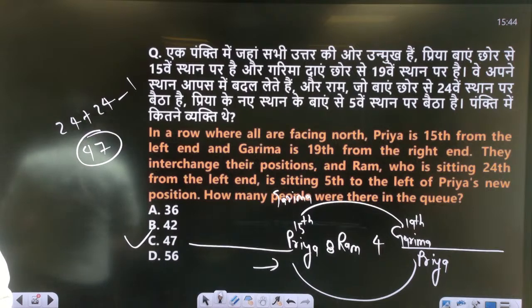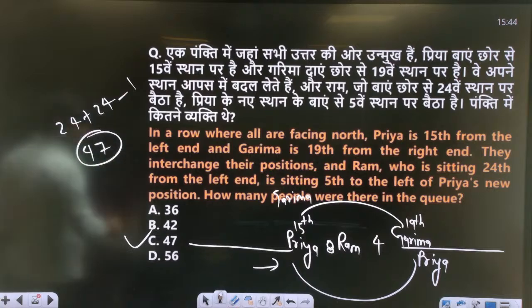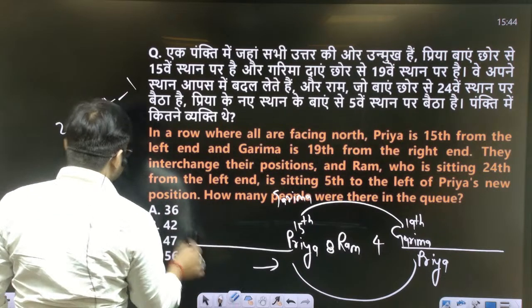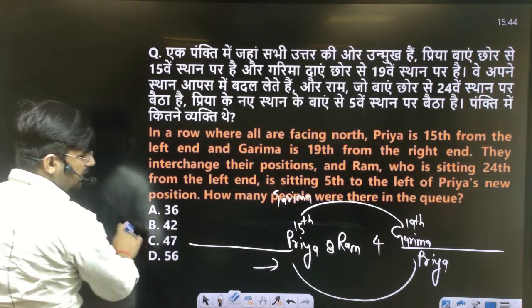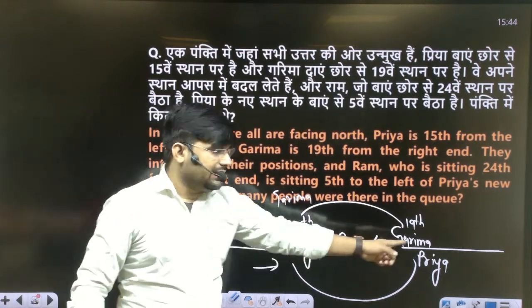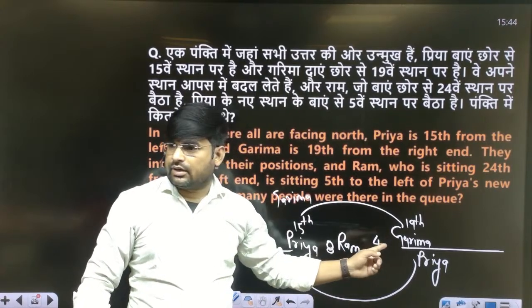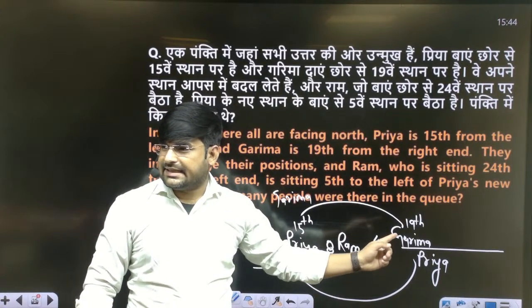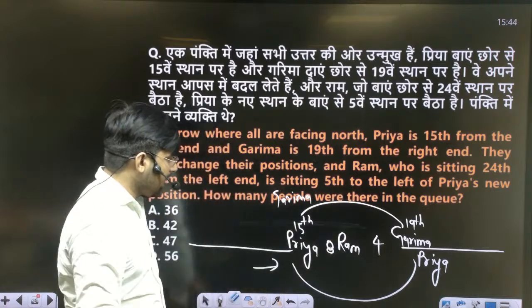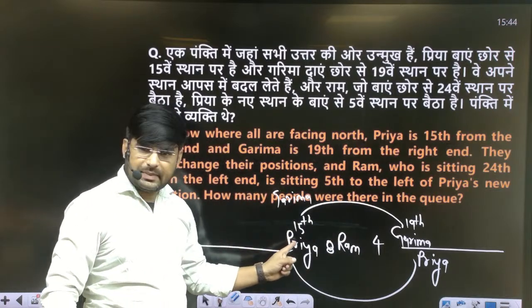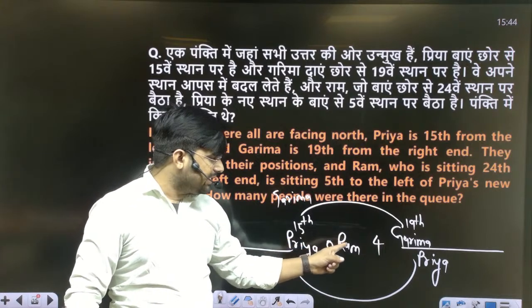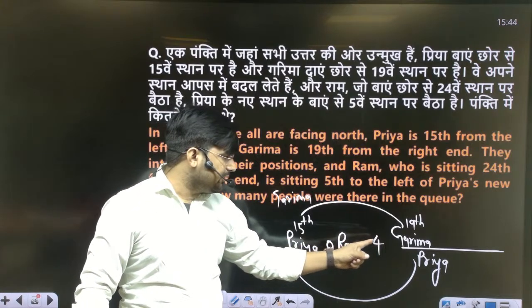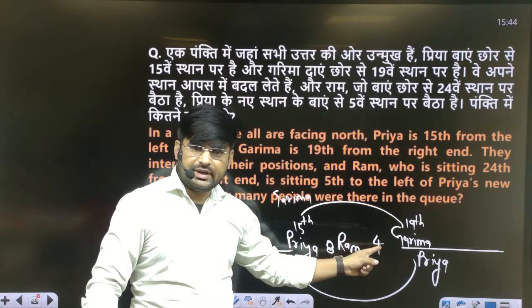Is it clear? No? Don't worry, I'll explain again. Is this arrangement clear? So Priya is 15th, 8, 23, and Ram is 24th, and 4, 28.